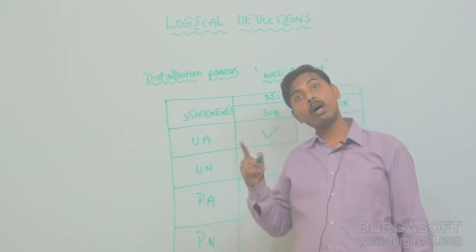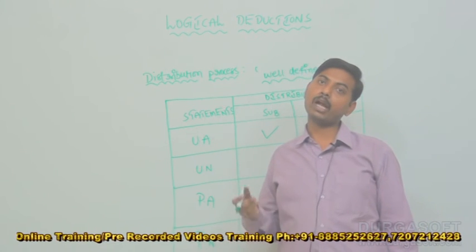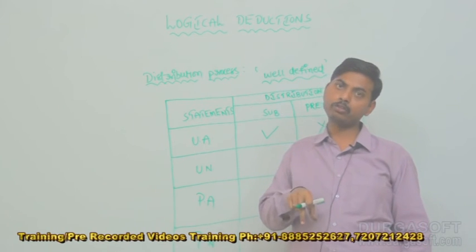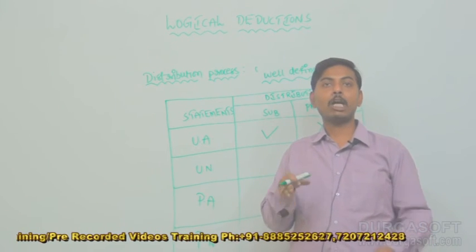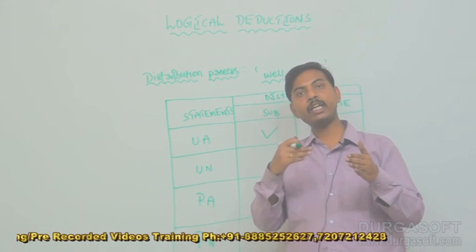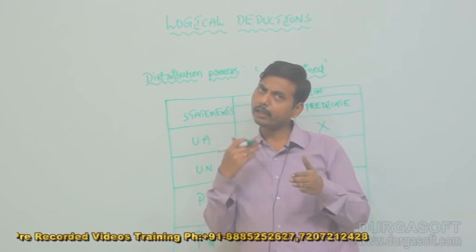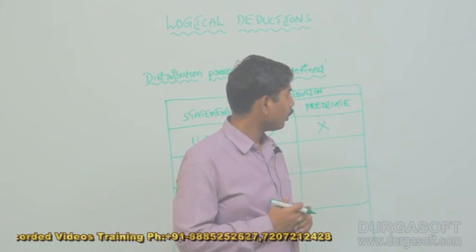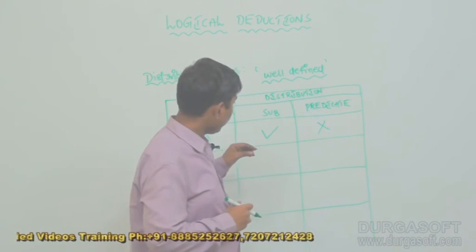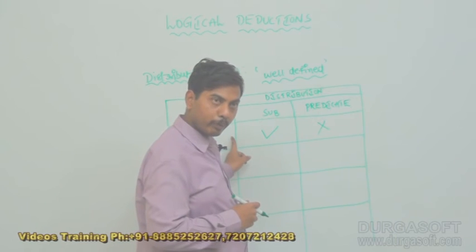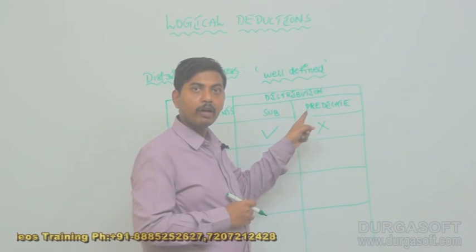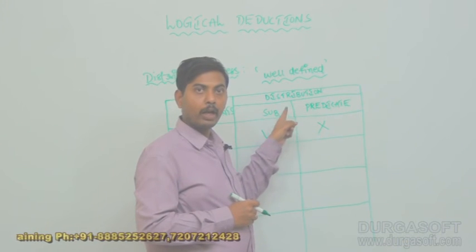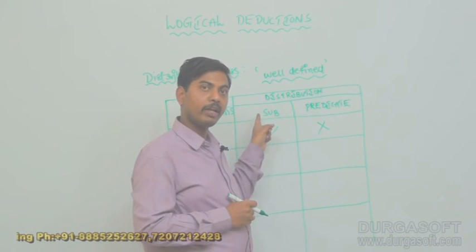When I talk about rankers, is rankers a word applicable only for boys? No. Rankers is a word applicable to all kinds of humans, not only males, not only boys. Because of that reason, in the case of universal affirmative, predicate is not defined very well, and subject is defined very well.